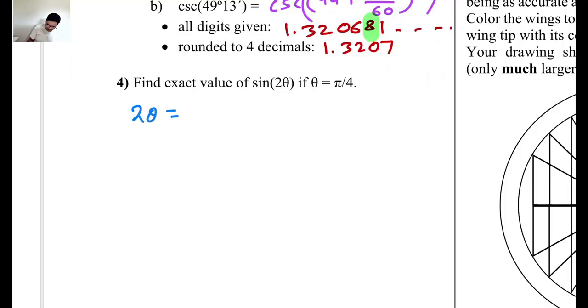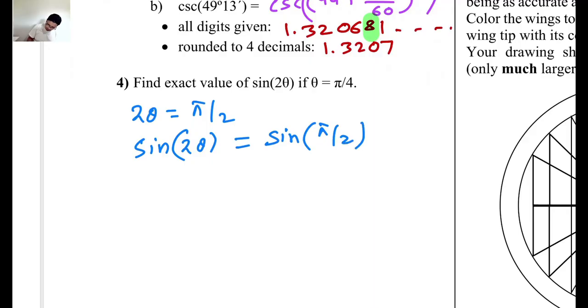In this case, it's easy. 2 theta will be pi over 2. So sine 2 theta will be sine pi over 2, and that will be 1.